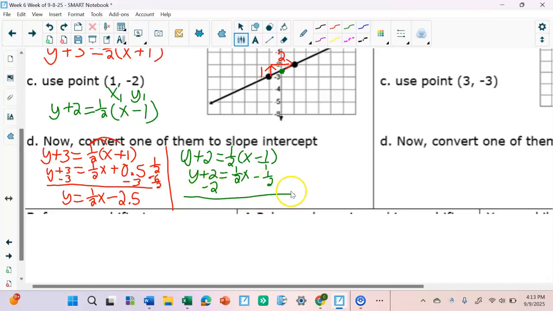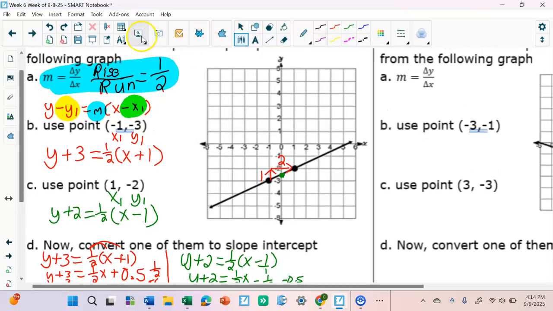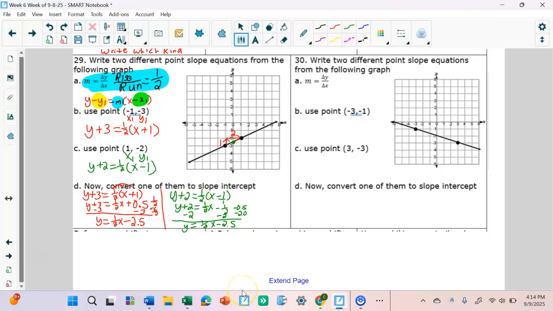And see here you can subtract 2. So you still get that negative 2.5. I think it's cool that we get all this information from a simple graph. Like all I did was graph a line on a graph and look at all that we got from it.